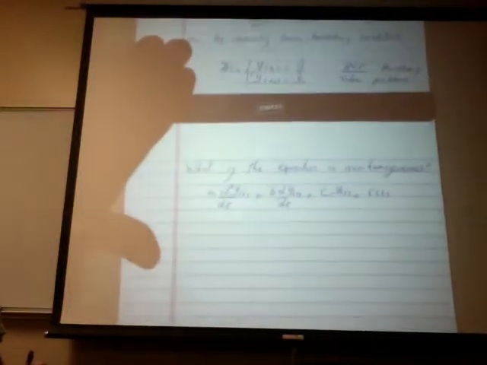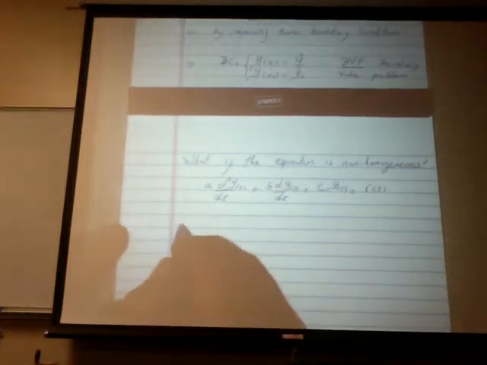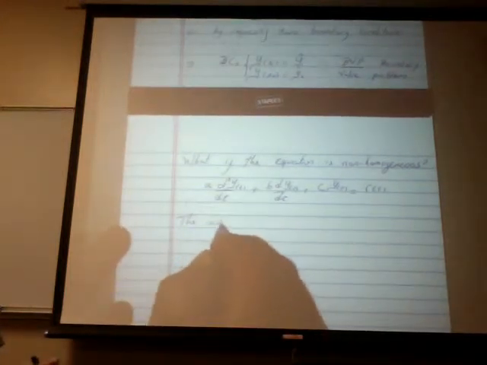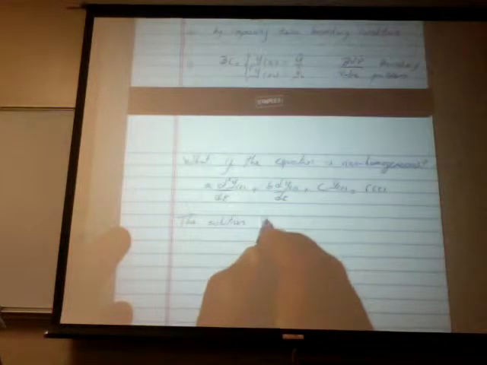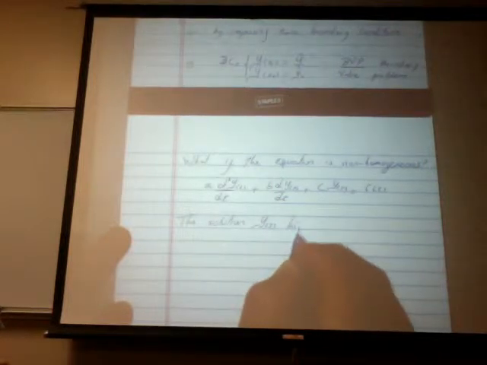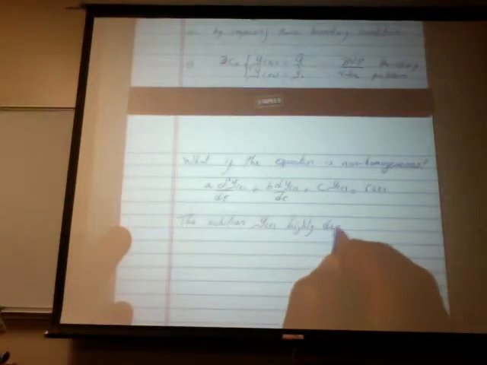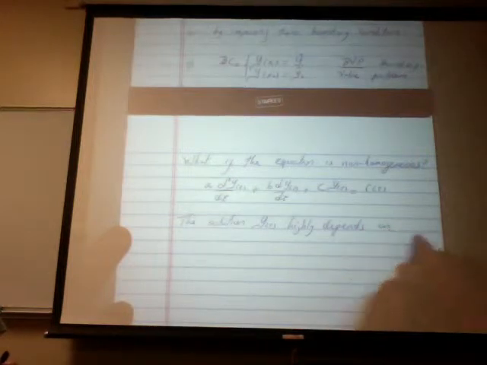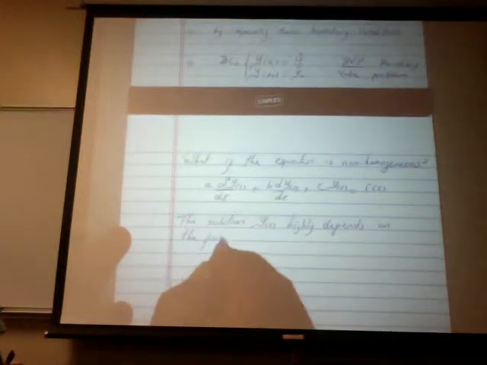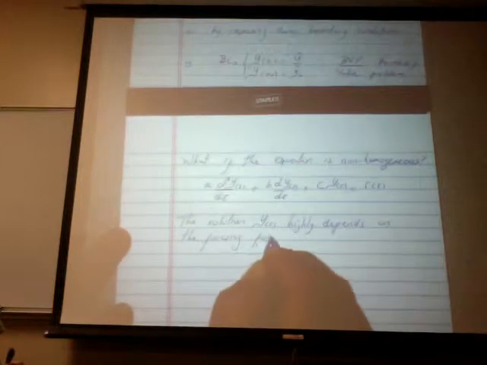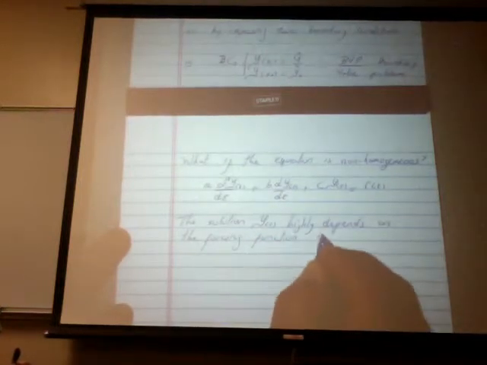Now, the problem here is that the solution y of t highly depends on the forcing function r of t.